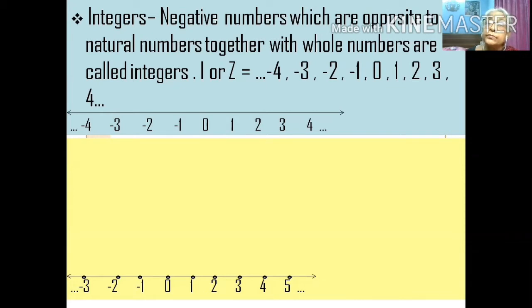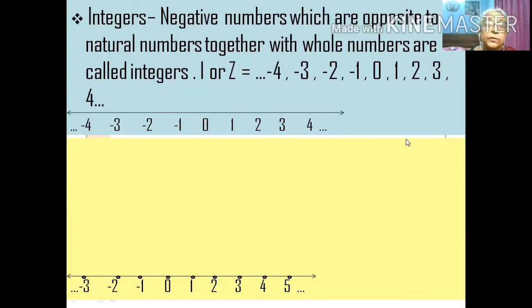Positive 1, 2, 3, 4, 5, so negative minus 1, minus 2, minus 3, like that, and along with 0 are called integers. Integers are represented by the set I or Z equal to minus 4, minus 3, minus 2, minus 1, 0, 1, 2, 3, 4, etc.